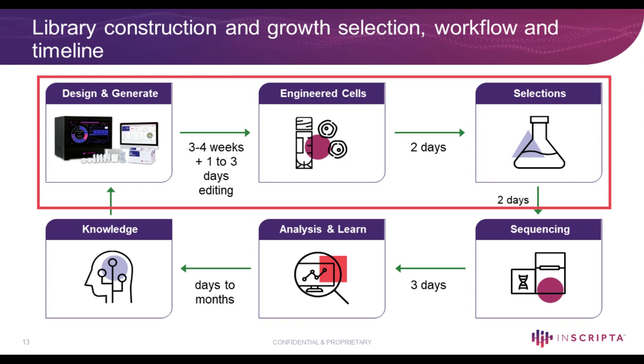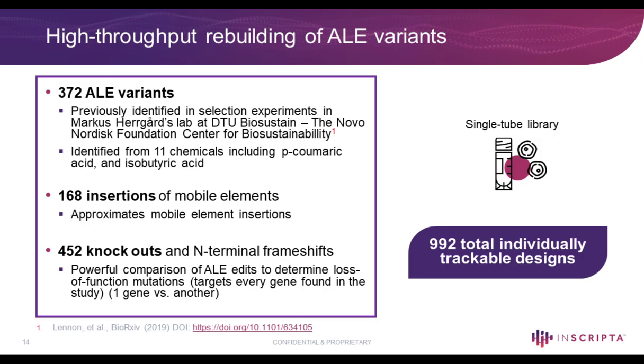You can upload those sequences for analysis of your barcode selections and learn new things about your experiments of interest that can feed back, and you can go through this cycle multiple times and generate a new powerful strain for the chemical of interest, for example.